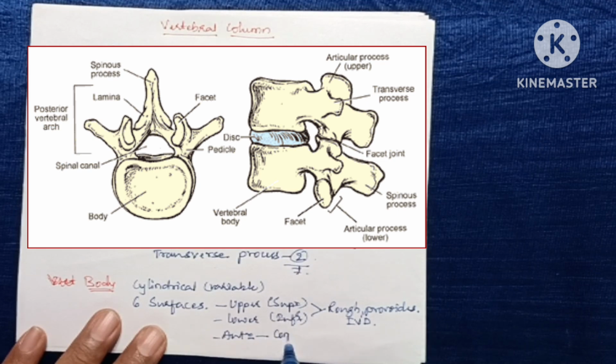The anterior surface is convex side to side and concave above downwards.